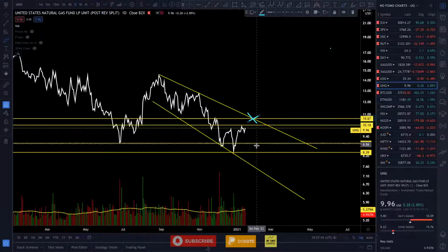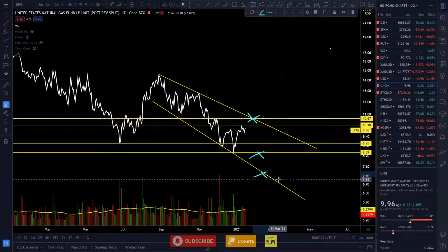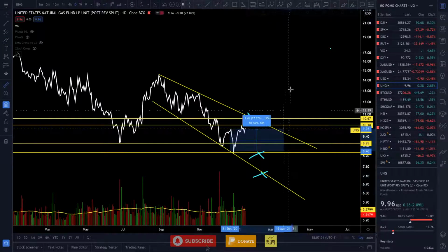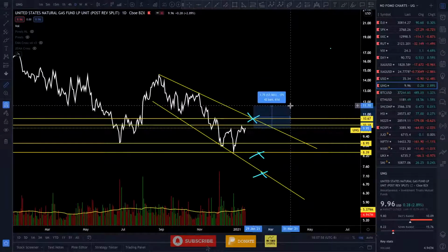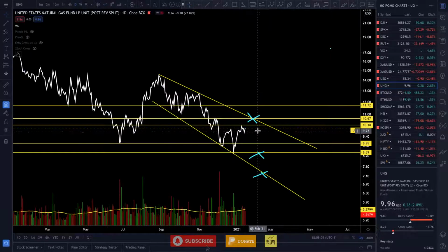If not, we can very well see a pullback down and retest the 8.42 and maybe even the 7.30 range, because we just measure this formation right here, 17%, like plus or minus 17%. Plus would be 11.70, right? And minus 17% would be 8.23, this support down here, okay?